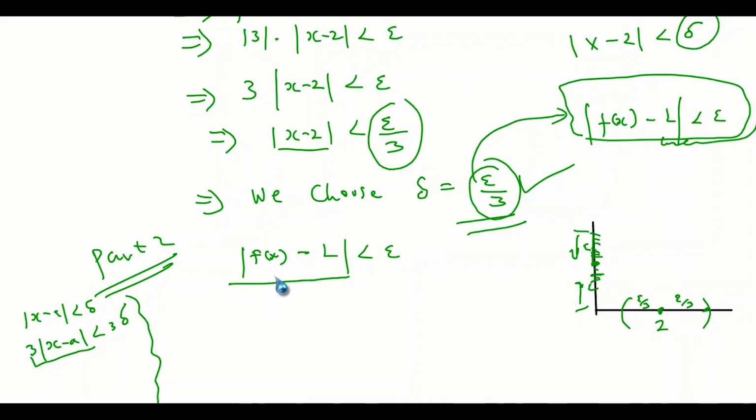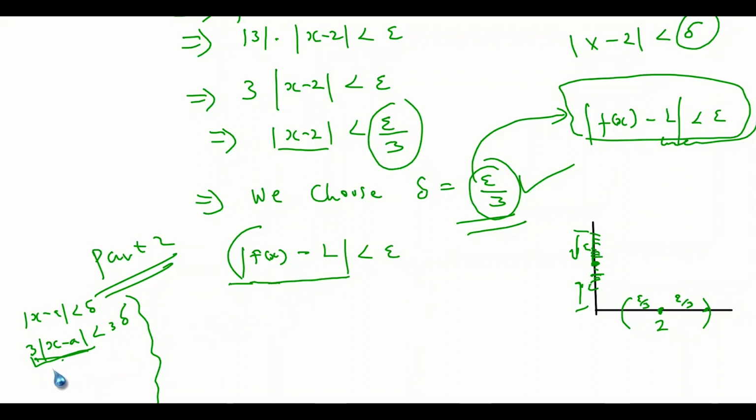So that means I can say that this particular expression, which is equivalent to this, is less than 3 delta. So instead of writing this expression now, I will use this one. Let me write this one so that you understand what I'm trying to do.